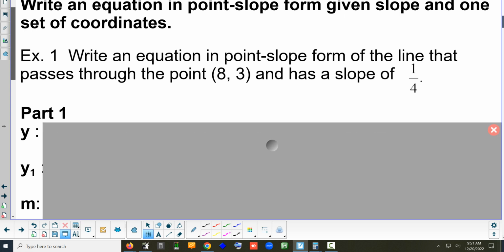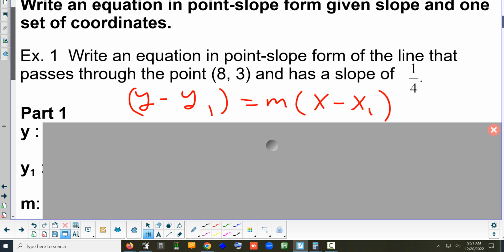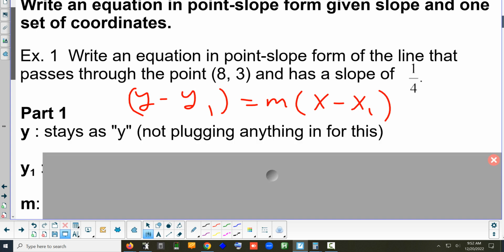So let's talk about each letter in this formula. So there's 5 of them. The first one is y. The y is going to stay as y. You're not going to change the y at all.